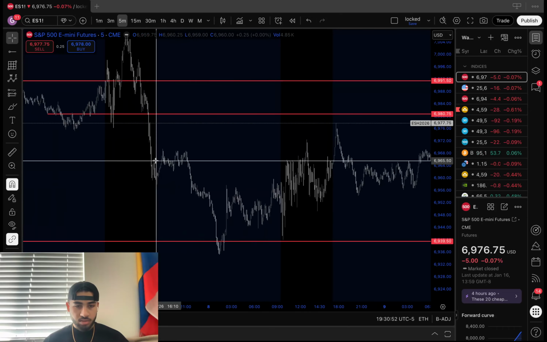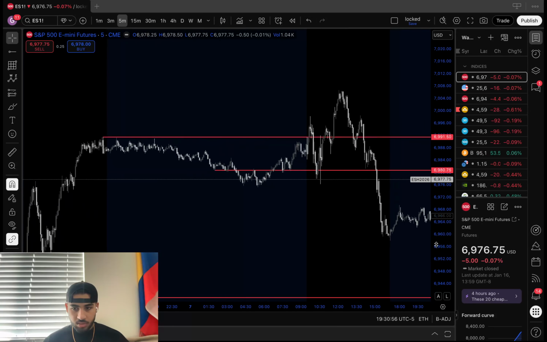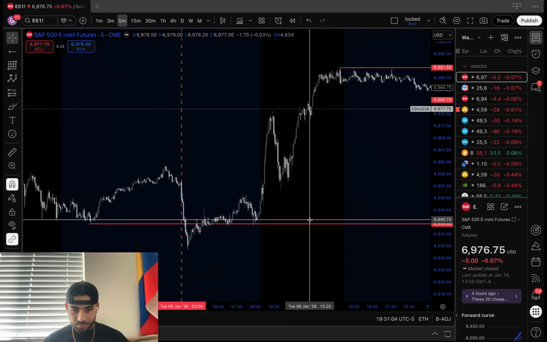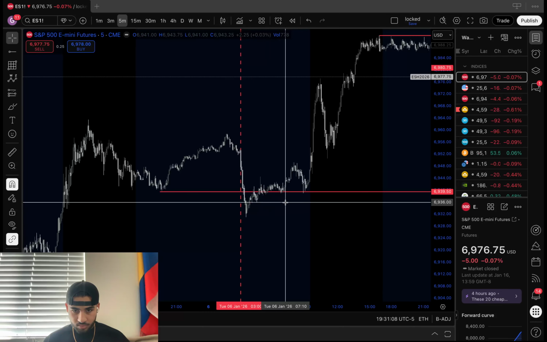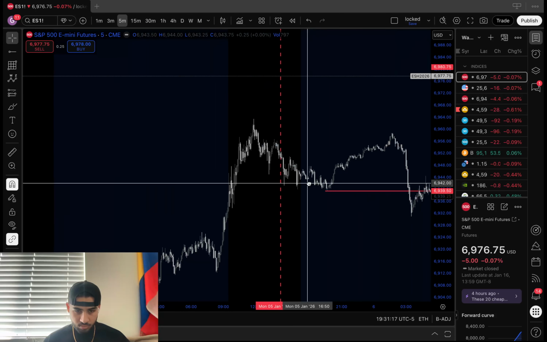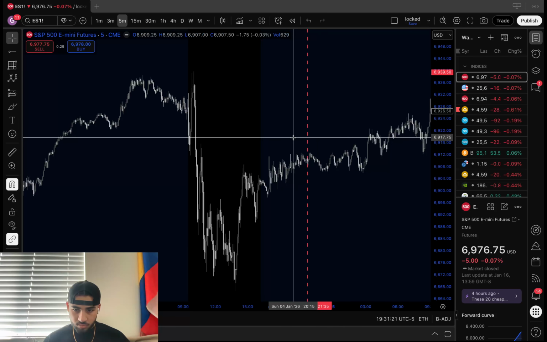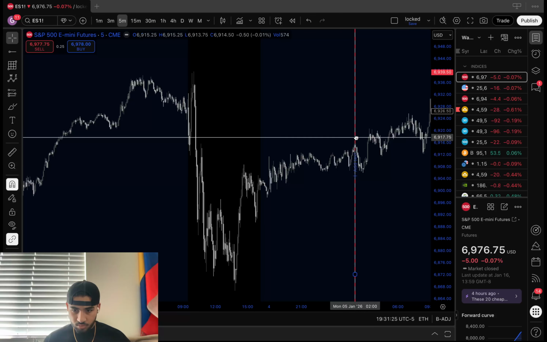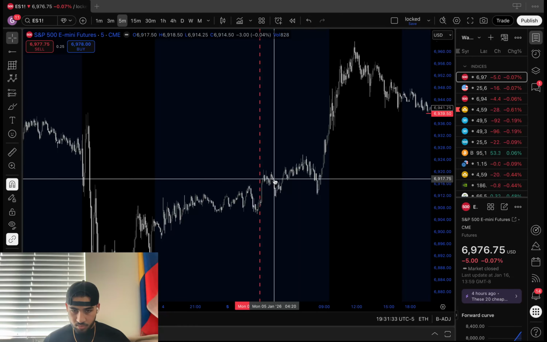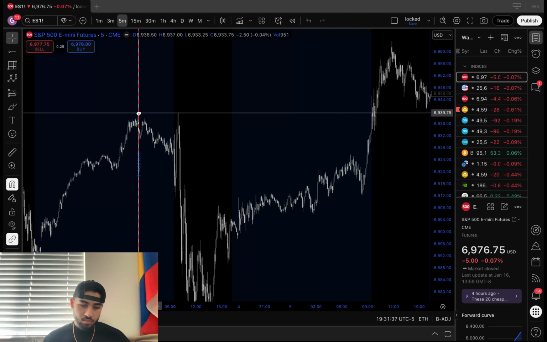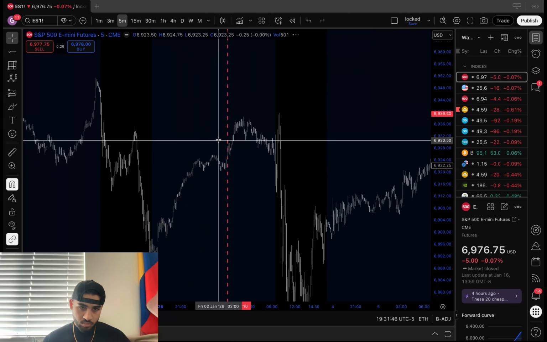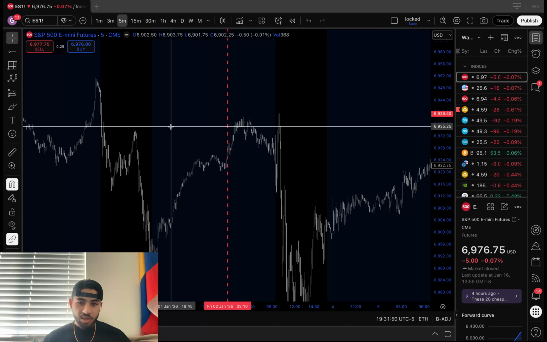Wow, what is this, barcodes, holy. Okay, yeah, this sort of consolidation, no. No. This would be London manipulation, New York reversal.